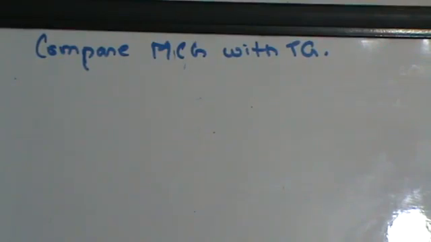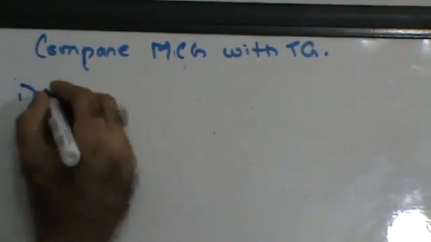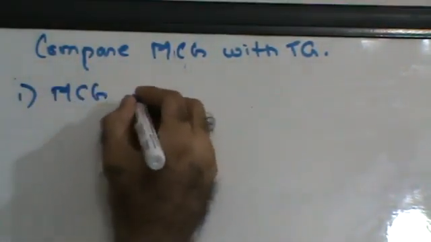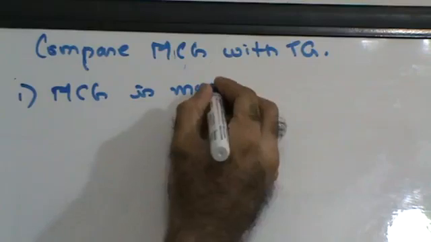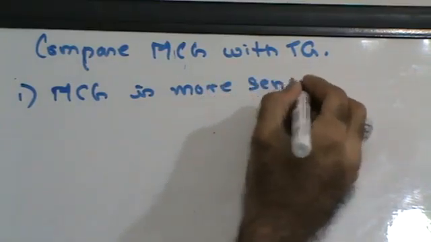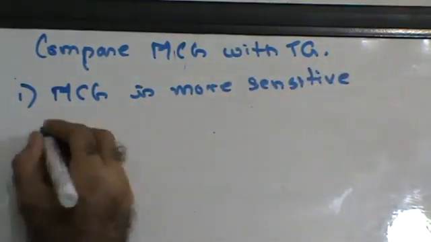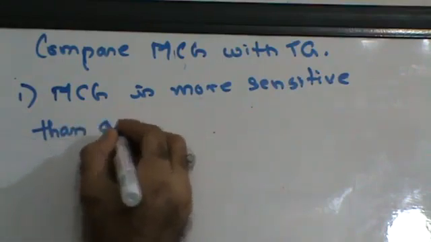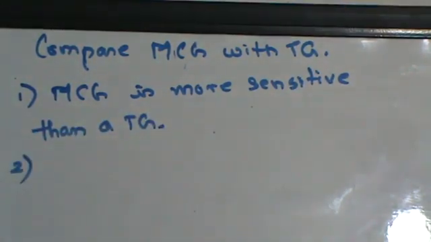Now between the two, a moving coil galvanometer is more sensitive than a tangent galvanometer.